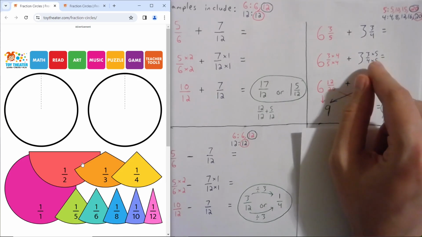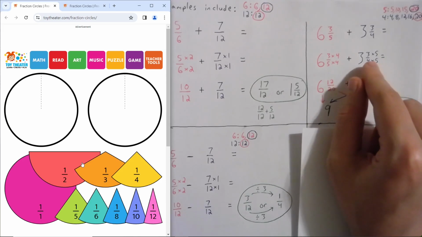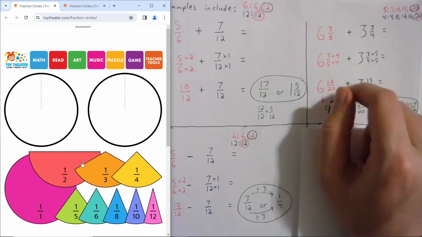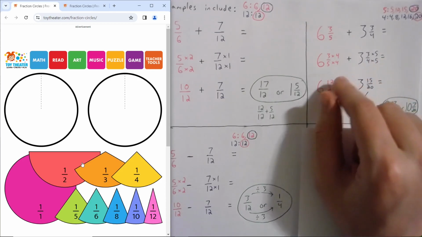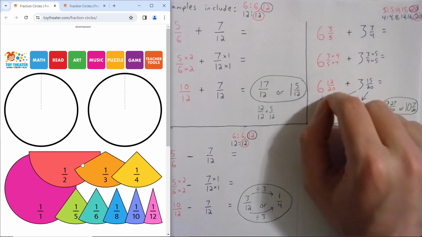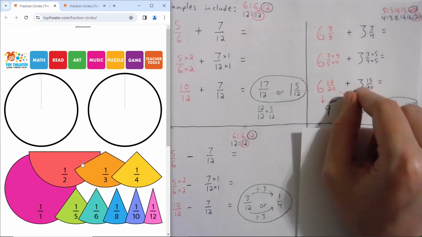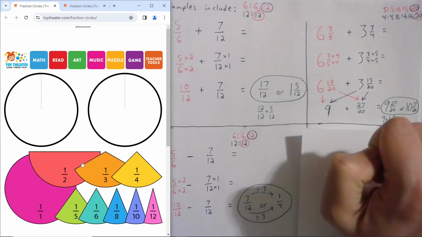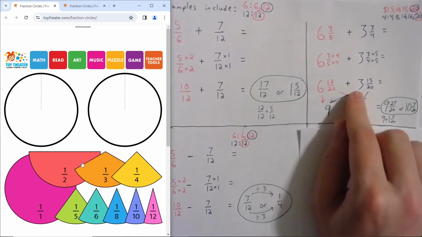And so we have 3 whole, and then 3 times 5 over 4 times 5. So when you do that next step for both, you end up getting 6 and 12 twentieths plus 3 and 15 twentieths. And then you do whole number plus whole number.